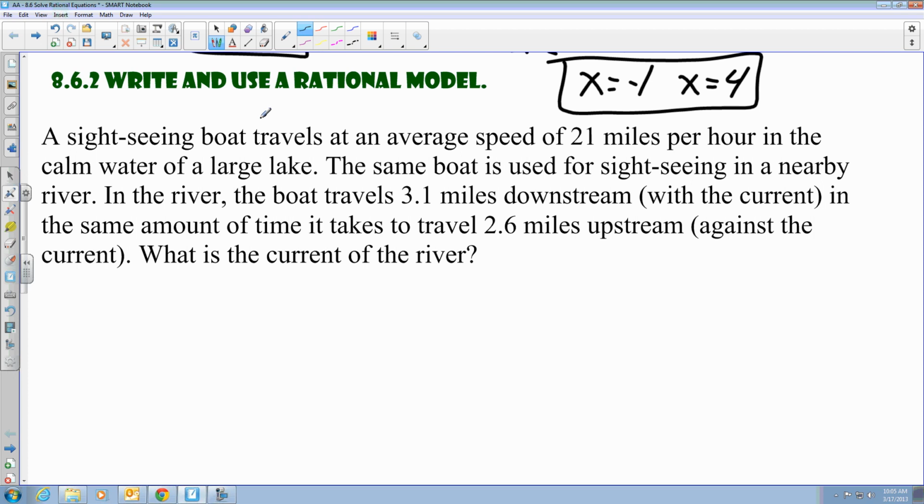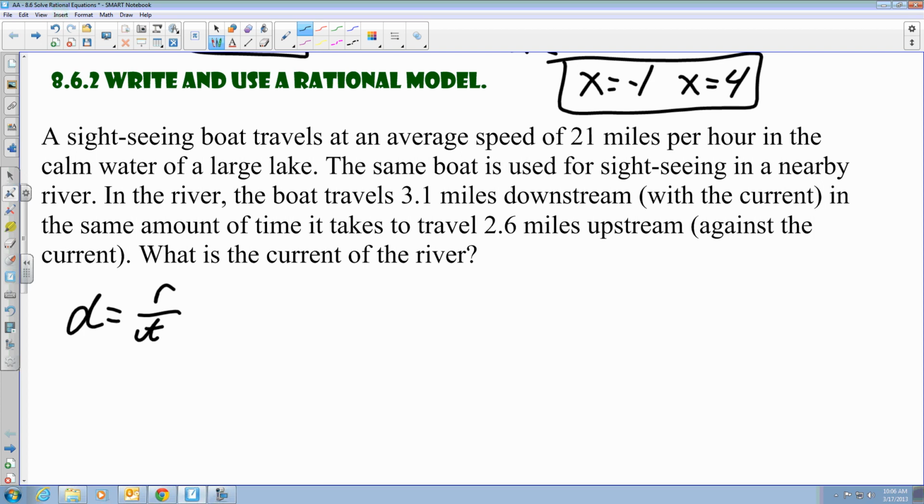So going back to some formulas here, we know that distance equals rate times time. We know the distances are different and the rates are different.